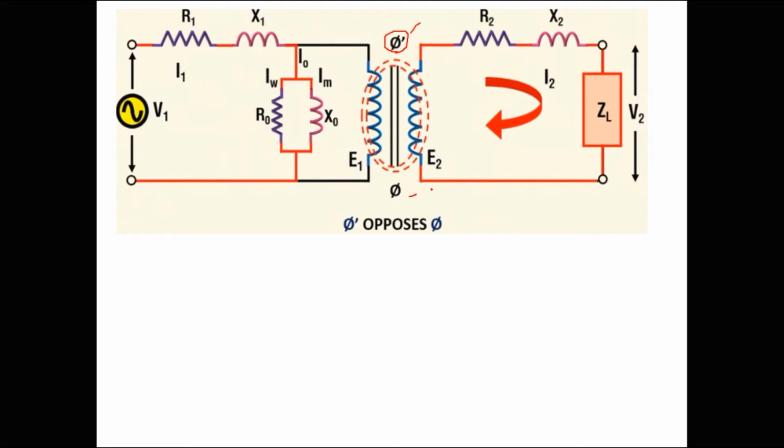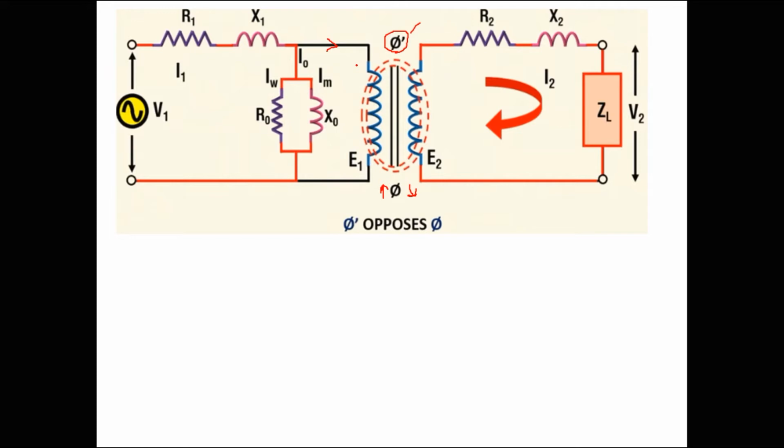That demagnetizing effect is going to make a reduction in the main flux, and that reduction in main flux is not encouraged, because we have to maintain some constant flux in the stator core. So for maintaining the constant flux, we are going to draw extra current from the main supply.